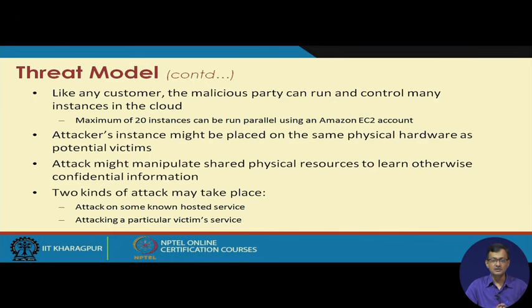So, the attacker can do some sort of cross VM attack. Two types of attacks can take place: an attack on some known hosted services, or an attack on a particular victim service, right. In one, I know these are the hosted services and I want to attack them; in the other, I want a particular victim service to be attacked. So, there is a more targeted attack.